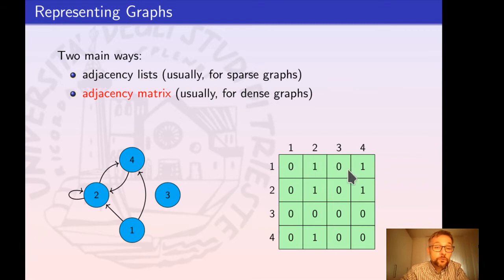So the first row will represent the first node, the second row will represent the second node, and so forth.